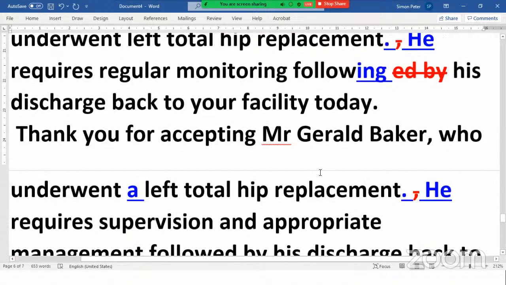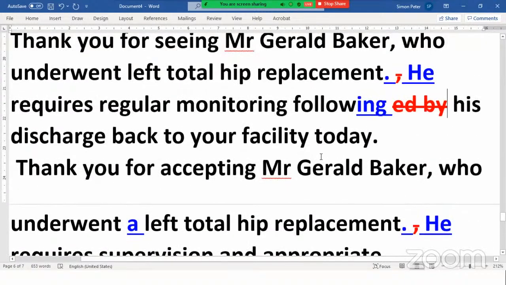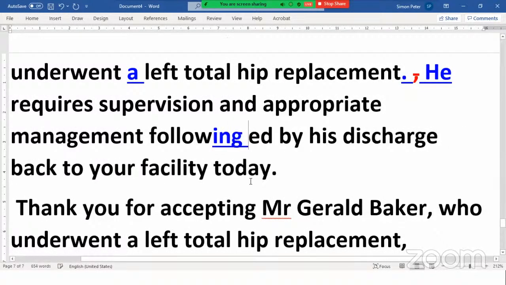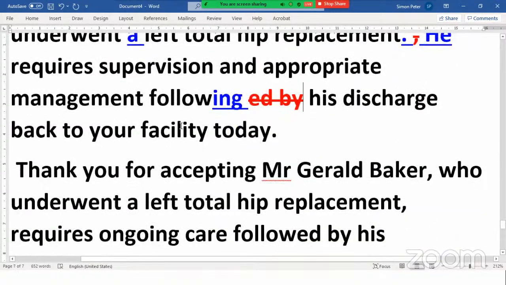So learn only one thing: following is better. The same thing here, back to your facility today.